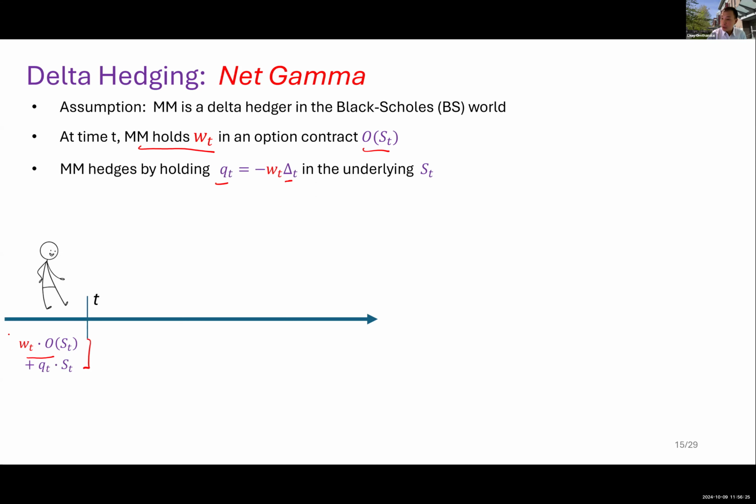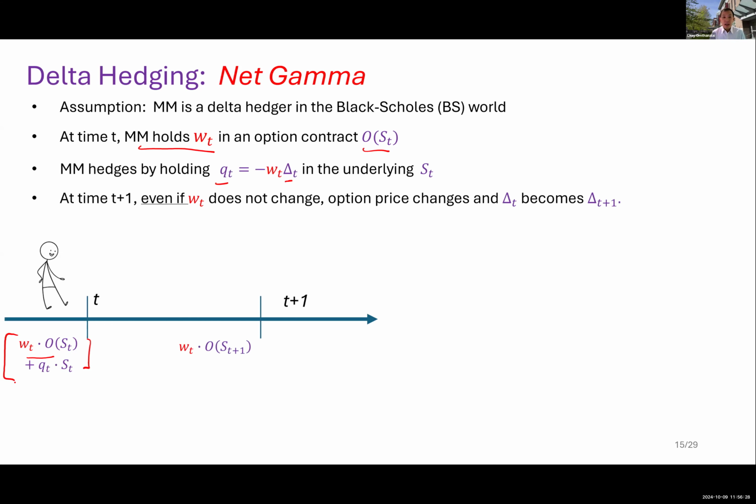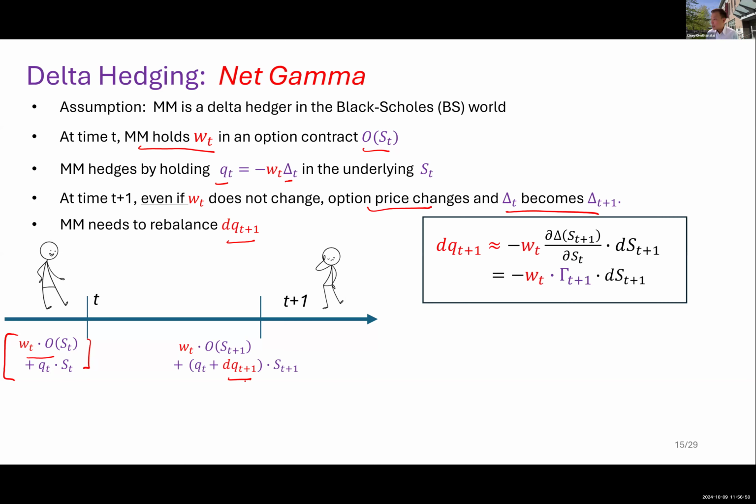So this is her portfolio at time t. Assuming that she doesn't increase or change her position on the option, at time t plus 1, she needs to rebalance because the option price changes, so the delta changes. This rebalancing can be approximated directly using this equation. It's quite simple. And this precisely is the gamma, the option gamma: the change of the delta as the underlying asset value changes.